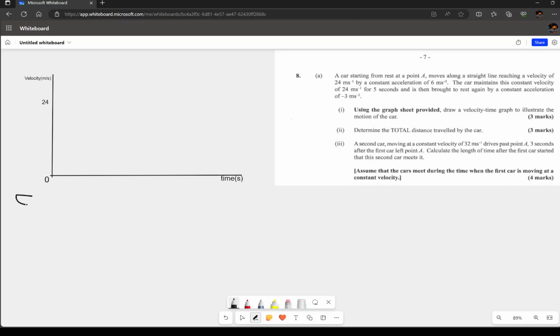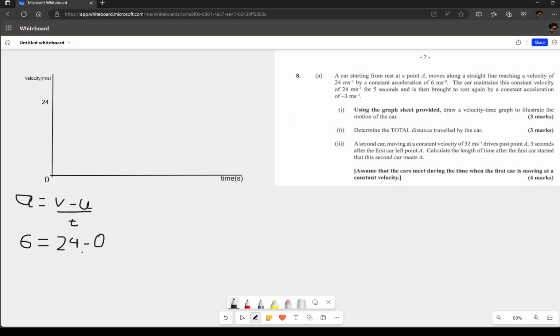We know that acceleration can be represented by the following formula: final velocity v minus initial velocity u, all over t, which stands for time. Using this formula, we can substitute in our values: 6 as our acceleration, and our final velocity in this case would be 24.